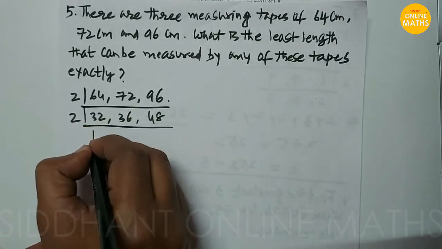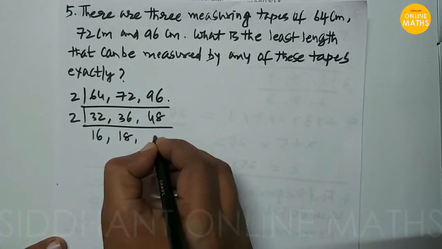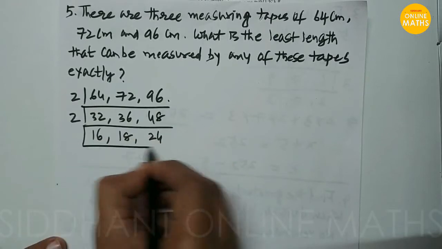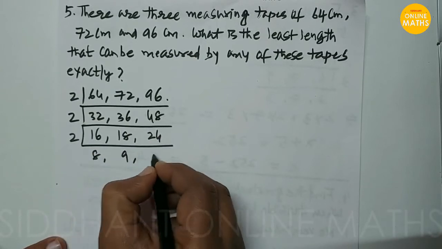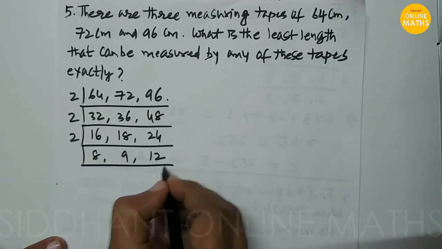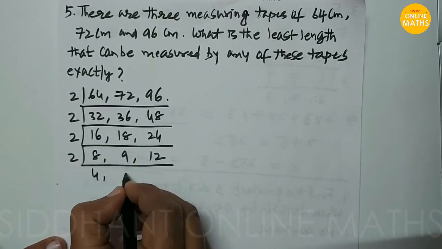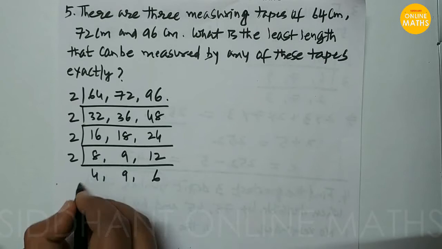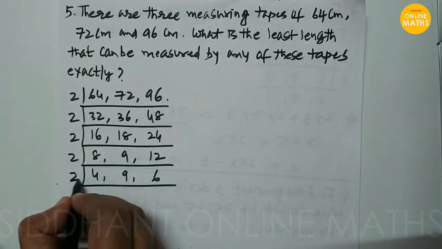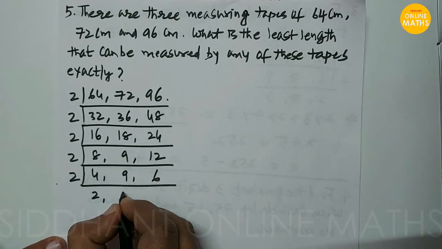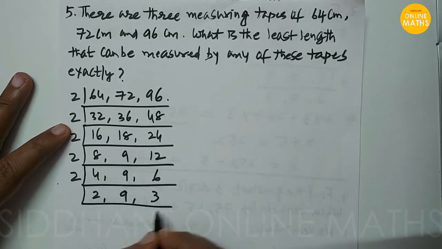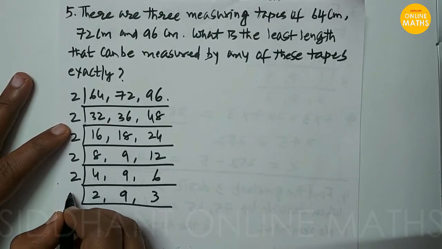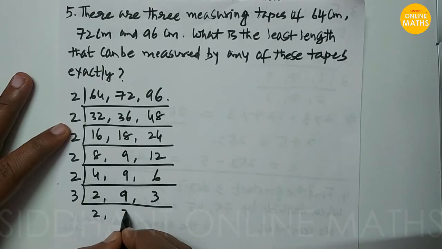Next it goes with 2: 16, 18, 24. Next 2: 8, 9, 12. 2: 4, 9, 6. Go with 2: 2, 9, 3. Now it goes with 3: 2, 3, 1.